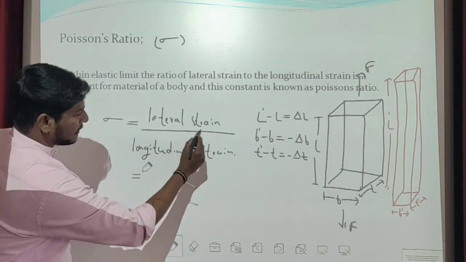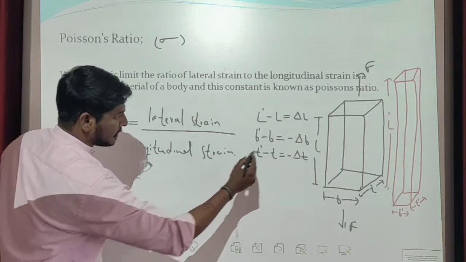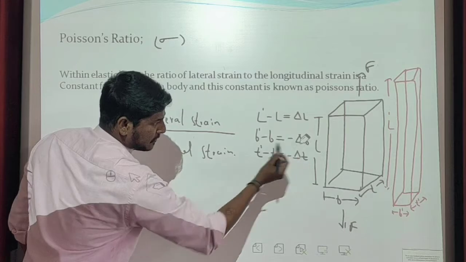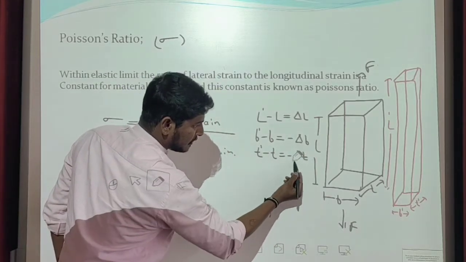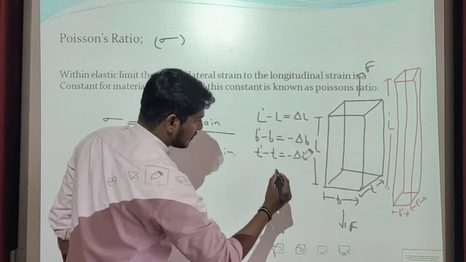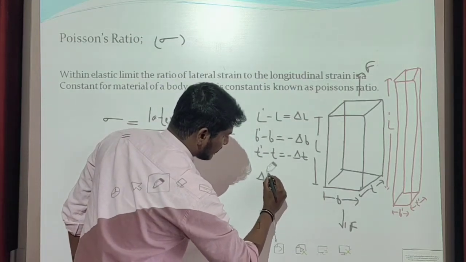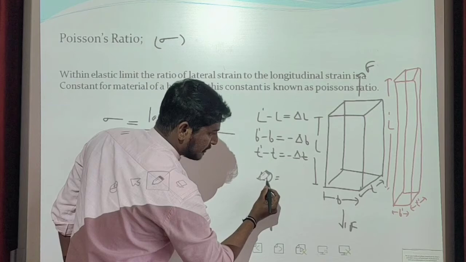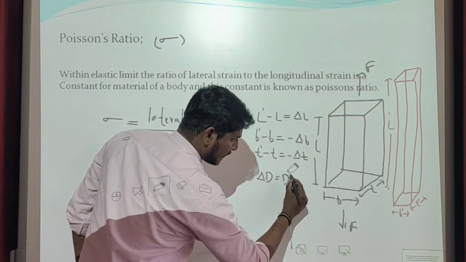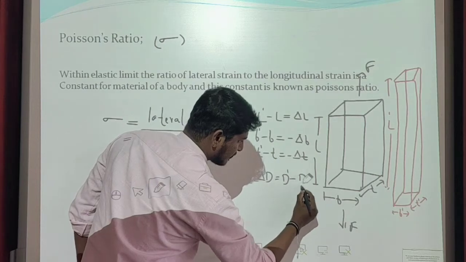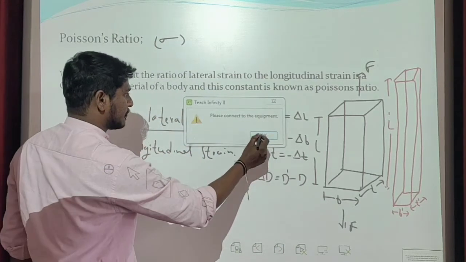In general, for lateral strain we take the change in breadth or change in thickness as delta D, that is the change in dimension, which is final dimension minus initial dimension.